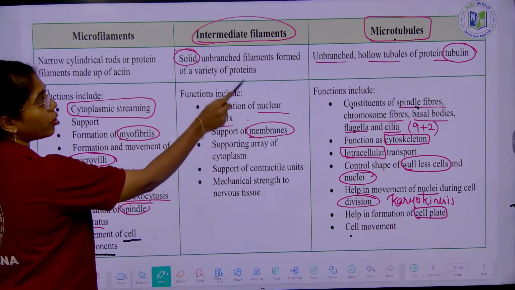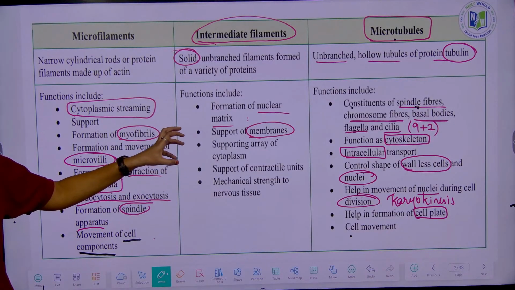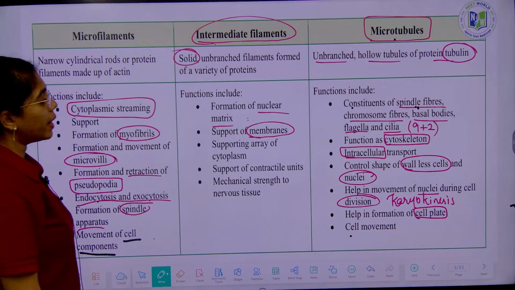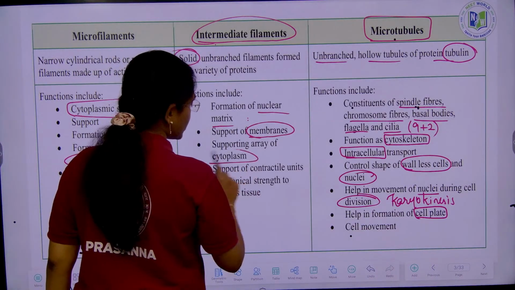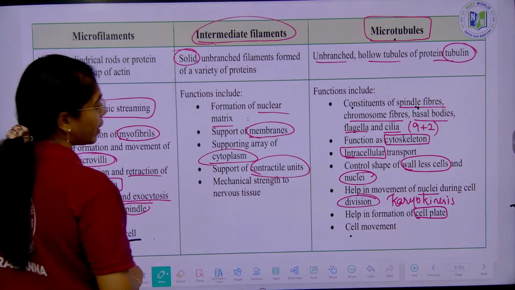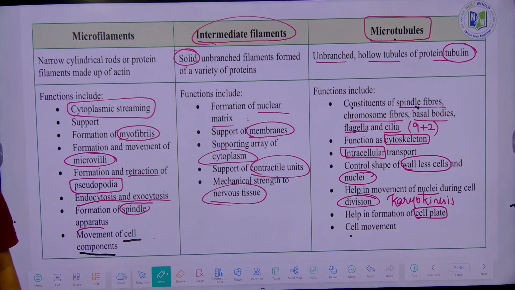I already told you, intermediary filament functions are related with what? Nucleus. They are specifically useful for nuclear transport, and supporting the array of cytoplasm, support of contractile units, and they also give mechanical support to the nervous system.